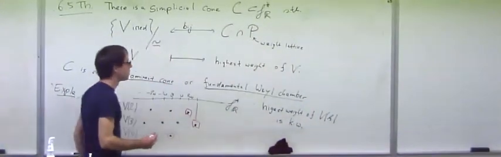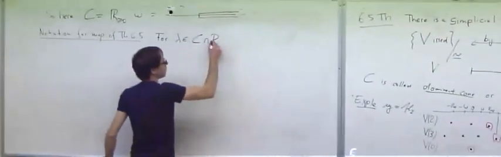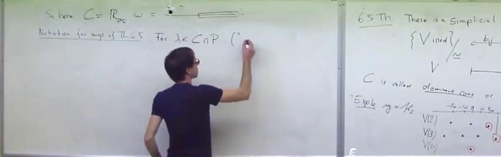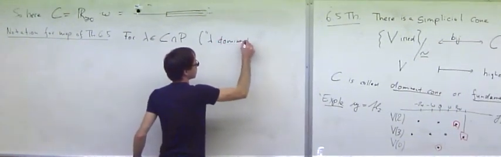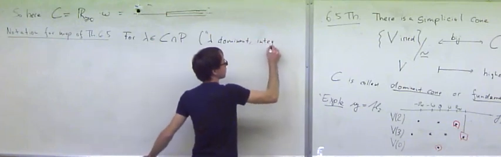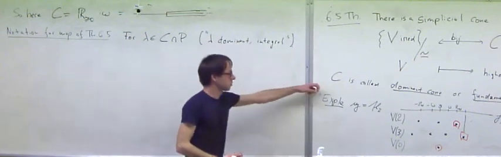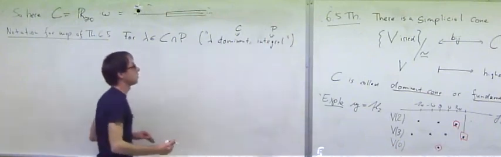Because it's in the dominant cone and it's integral with respect to this weight lattice. So for lambda in this cone and also in this lattice, what people call lambda dominant and integral, because it fulfills both conditions, the dominance condition being in C and the integrality condition being in P.